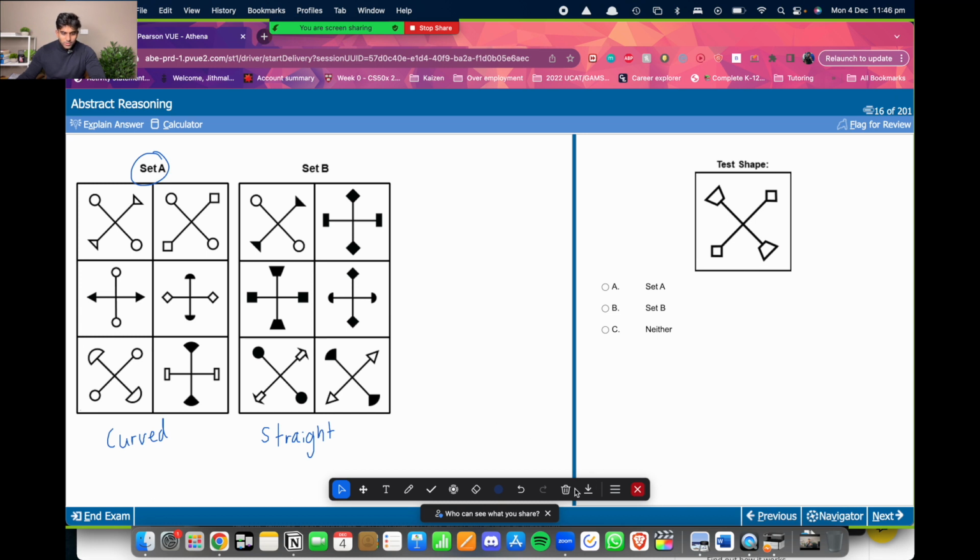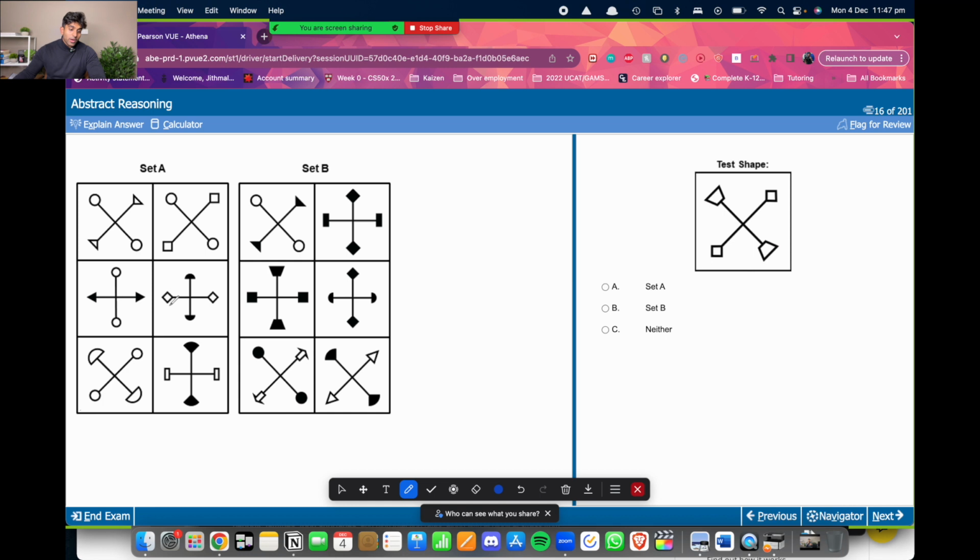Okay, with these shapes, let's see what's happening. You have these white circles, diagonals, okay. All right, there is a black colored line in this one.